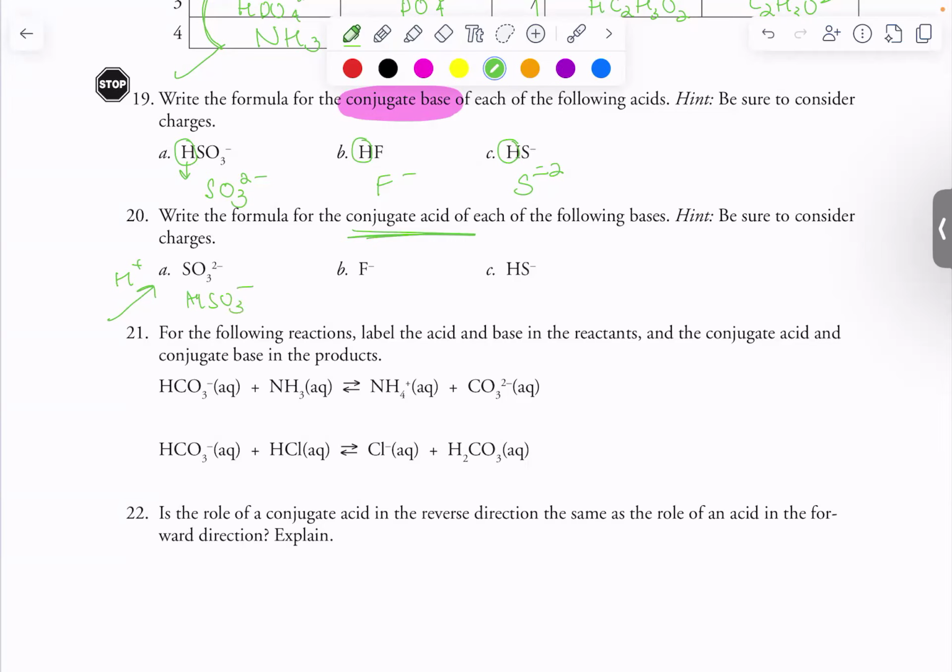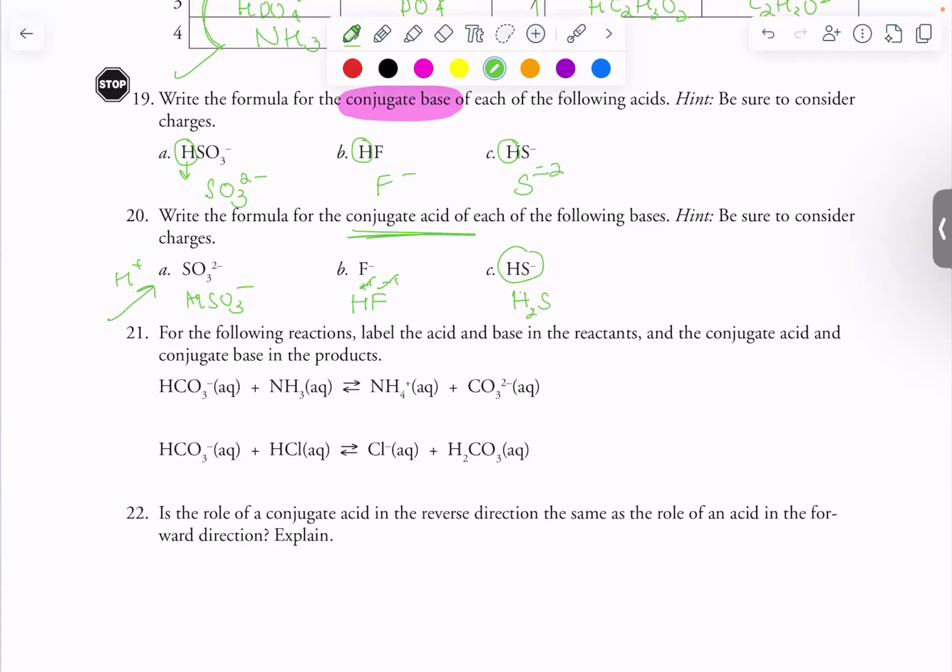And then F minus would be HF, no, not positive. One positive would get cancelled by negative, so just neutral, no charge. And this one would be H2S. Yes. So positive, what is the trick?